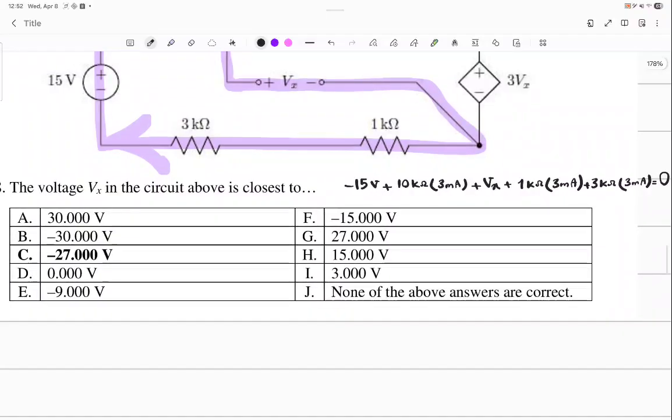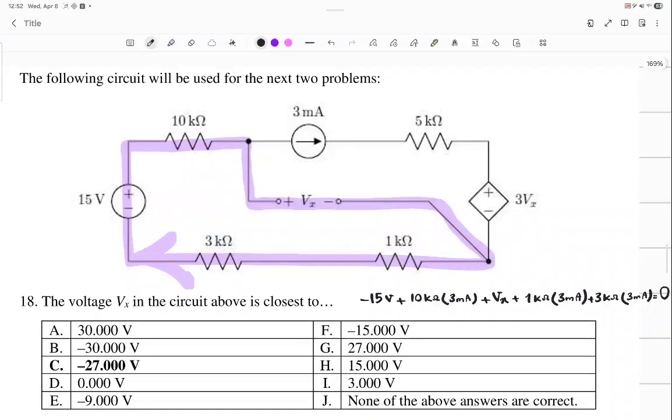One equation, one unknown. Done? You still have problem with this? No?